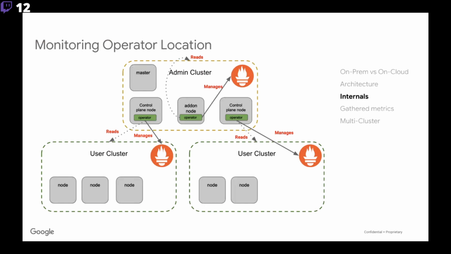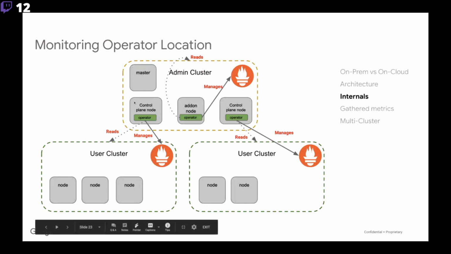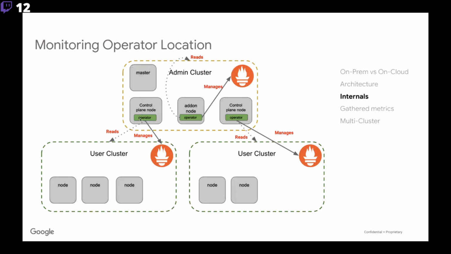The user clusters have their control plane, aka the master, in the admin cluster where the monitoring operator lives. This one is for the admin cluster itself. This operator is responsible for creating, changing and updating the monitoring stack in the individual user clusters.